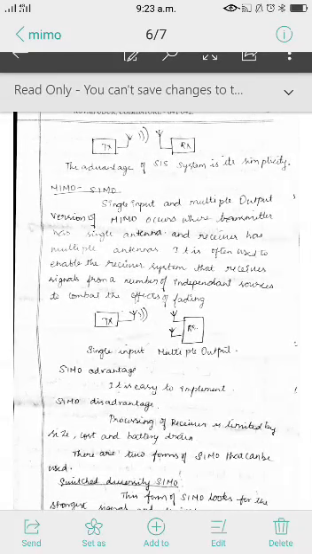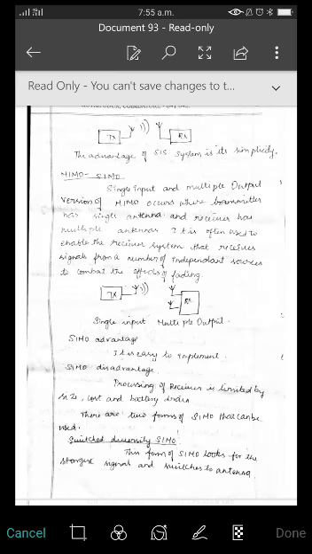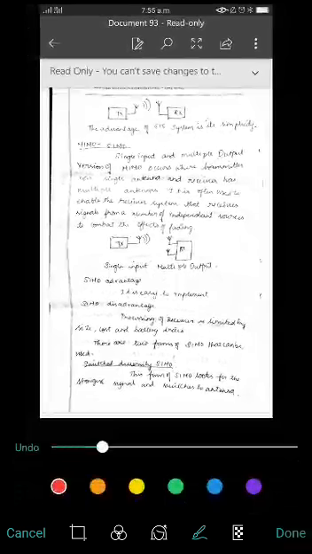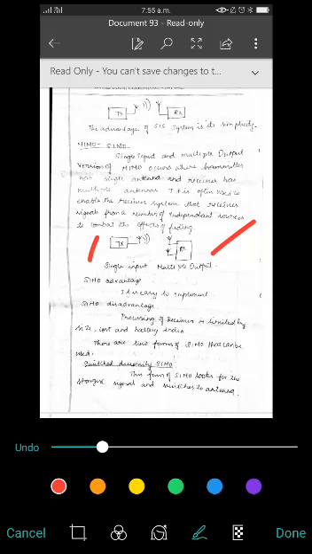The second category is single input and multiple output. You can see the diagram where you have only one transmitter with two receivers, and it has the advantage that it is easy to implement, but still it is limited by size, cost and battery drainage.